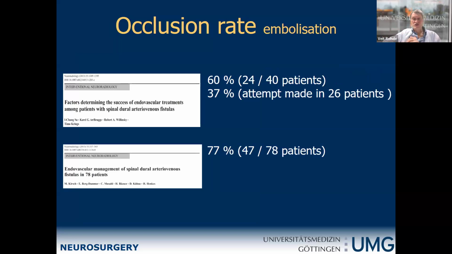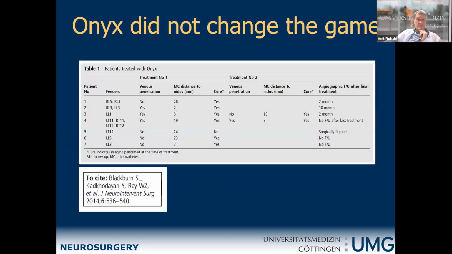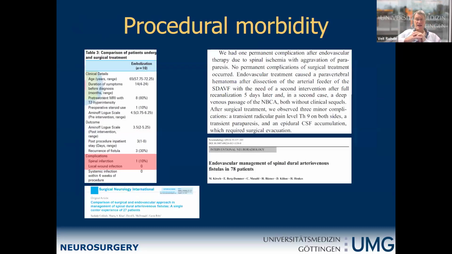These are newer studies with a 60% occlusion rate, and redo at 37%. And one of the best results is given in this study, in which they have been able to occlude 77% of their 78 patients. It's also not a matter of the material you're using for the embolization.